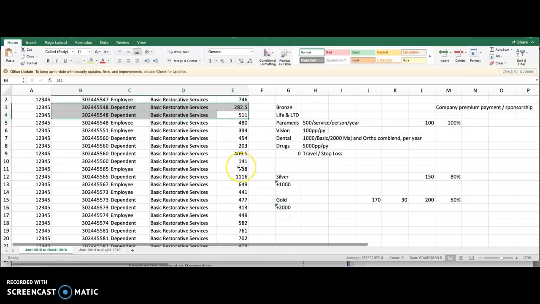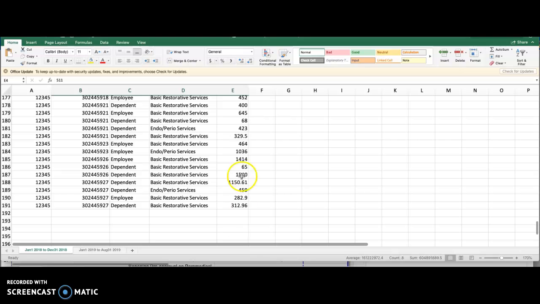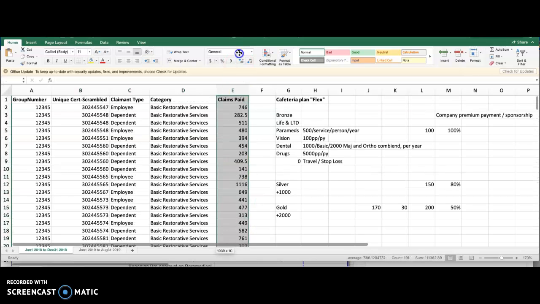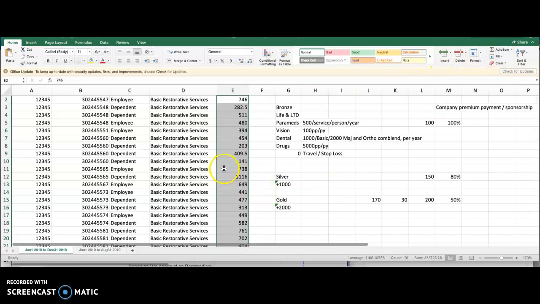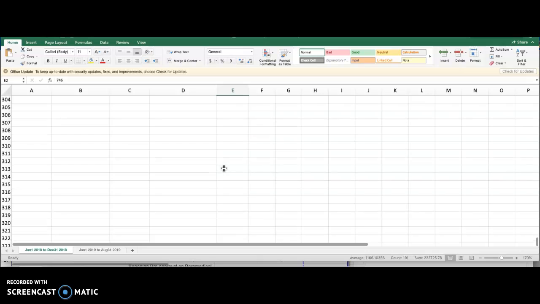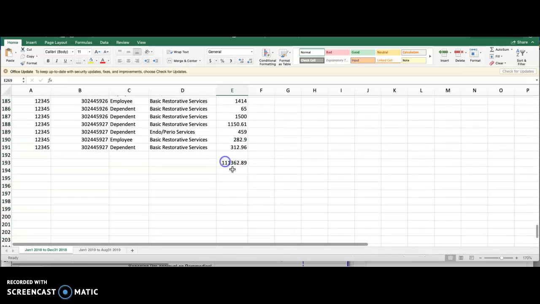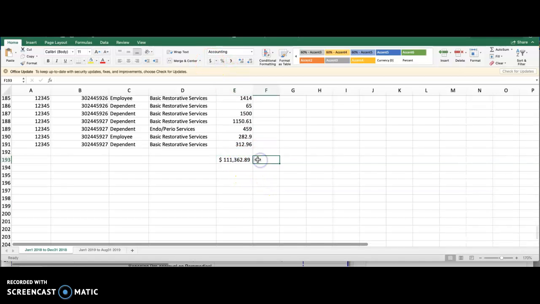So let's take a look at, okay, what's the global bottom line total here? Let's do a sum. Okay, here it is. $111,000 on dental claims.